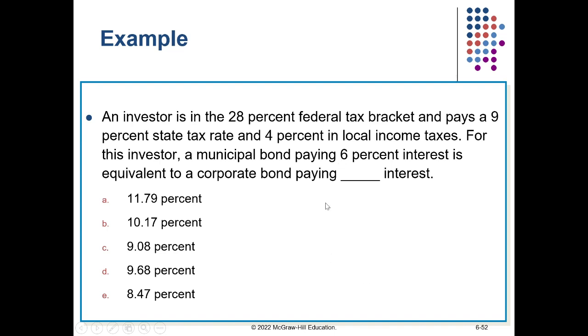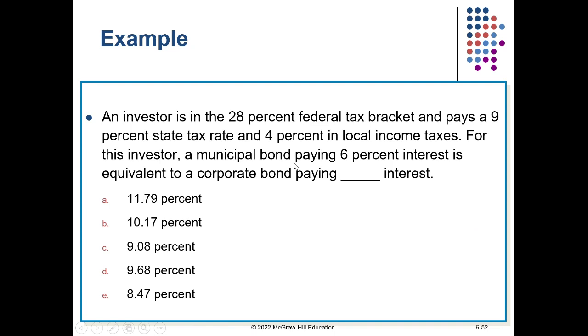Here T is not directly given to you. You have to calculate it. T equals the total of all these tax rates: 28% federal tax, 9% state tax, and 4% local tax. So in total, your tax rate is 28 plus 9 plus 4, which is 41%.